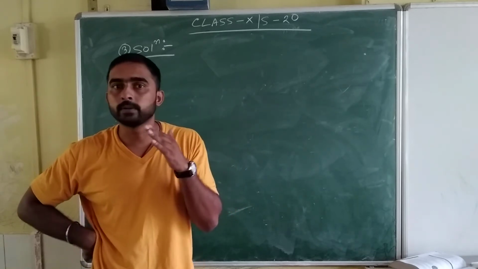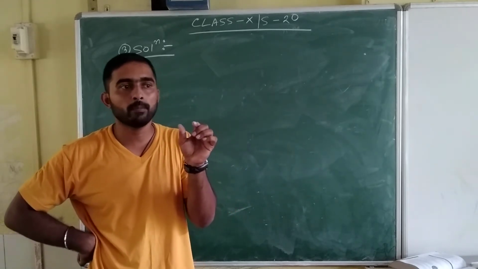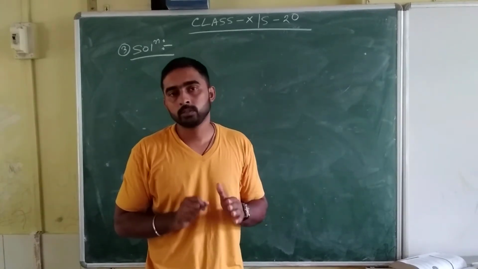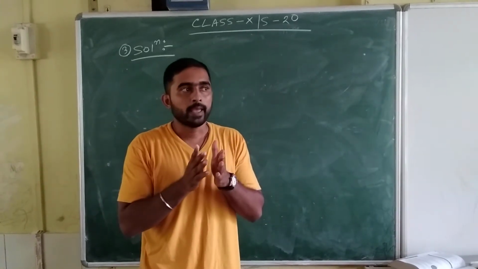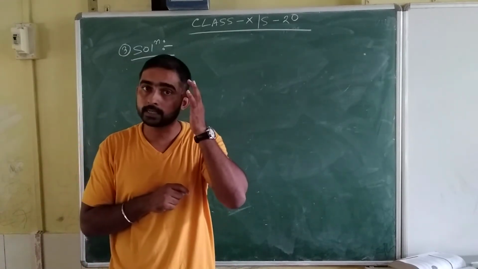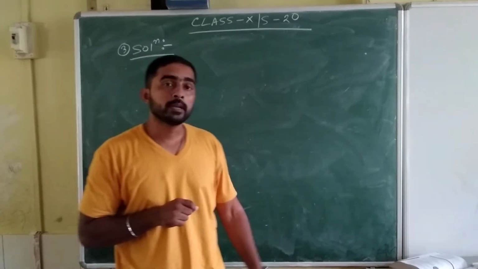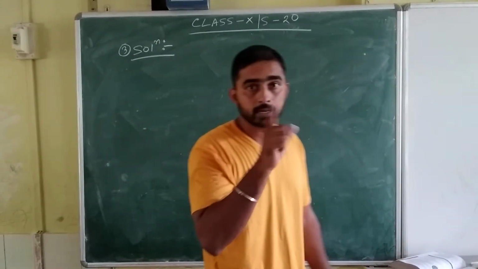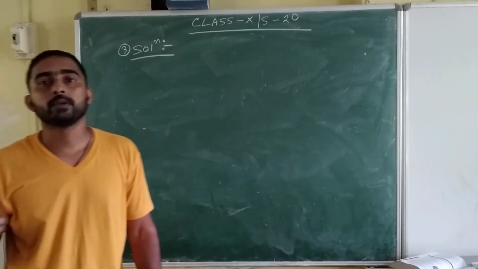Now there are 60 minutes. So what is the angle formed by the minute hand in 1 minute? That is 360 by 60, which is equal to 6 degree. So the minute hand in 5 minutes forms an angle of 6 into 5 equal to 30 degree.